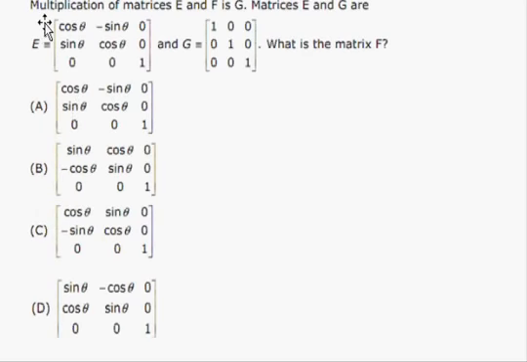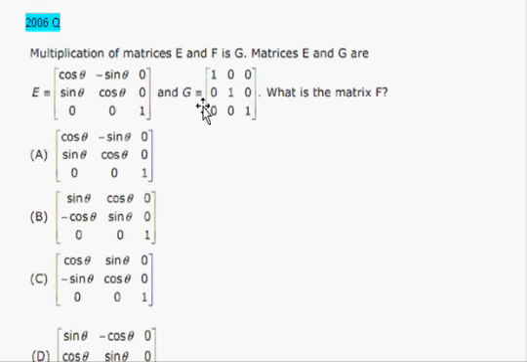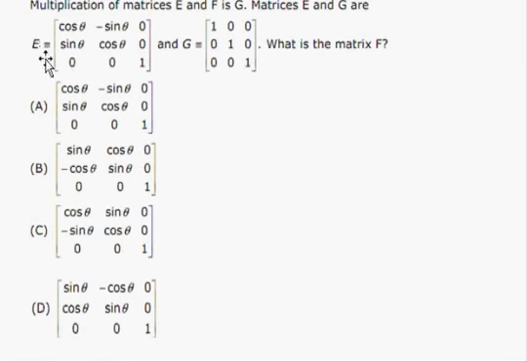This is another question of 2006. The multiplication of matrix E and F is G. E and F is equal to G, meaning the result should be this. So multiply each item. You will check whether G is correct: make the first row vertical, meaning cos, then minus sin, and 0.